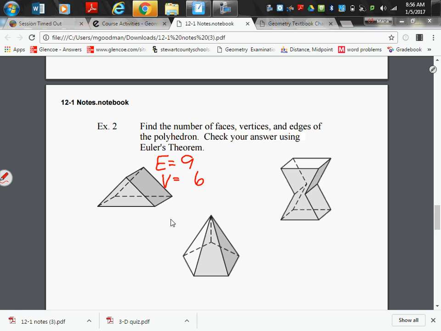Yeah, I took it from the sheet. Alright, so let's see. Micah, what did Euler's theorem say?